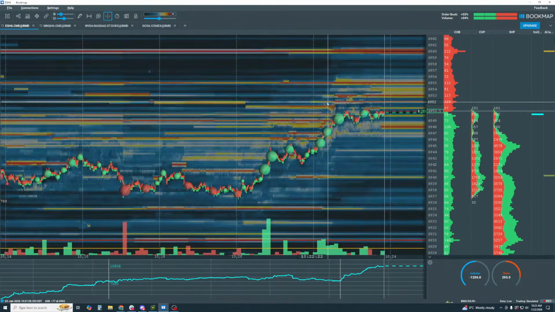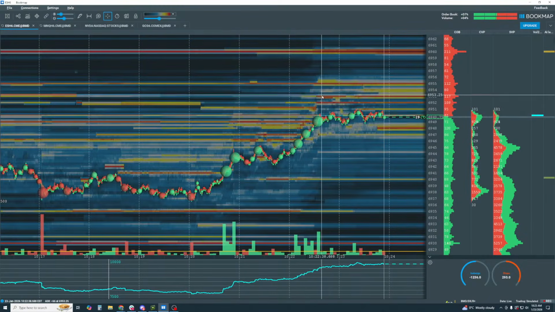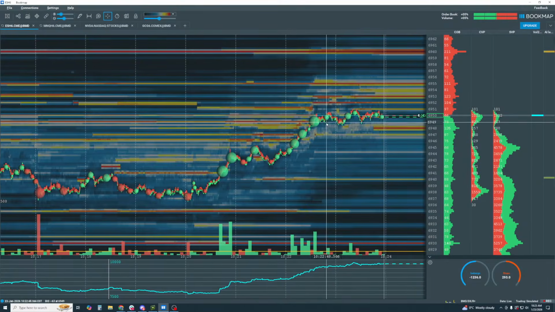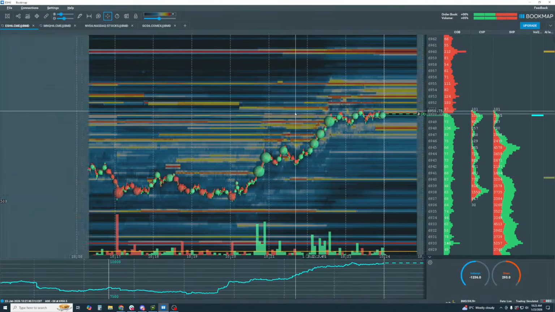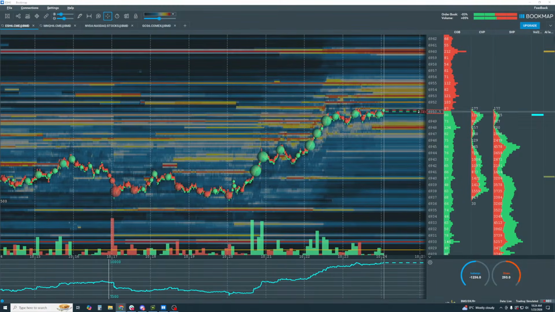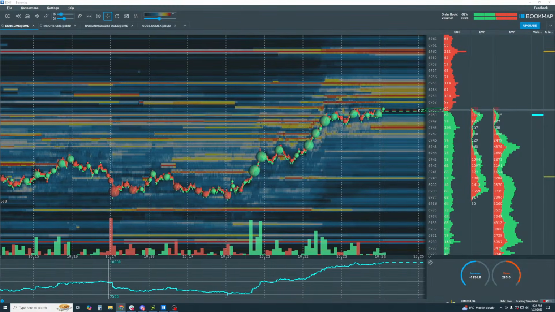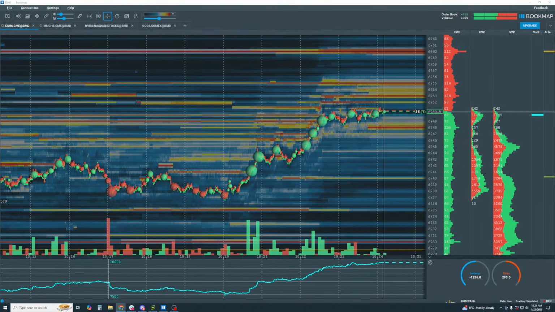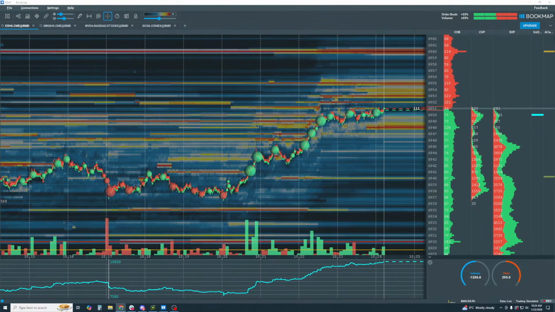So anyway, just some ideas here. I'm not detailing out any sort of specific strategy, but how to understand order flow within a context. I hope that helps. Let's see if there's any questions. Okay, no, we're looking pretty good.